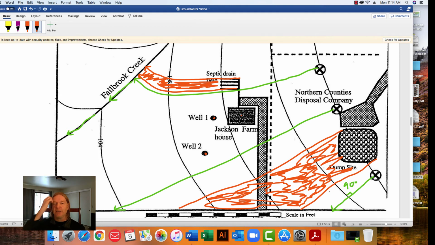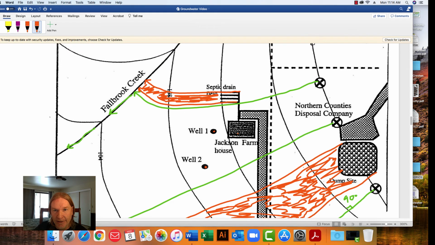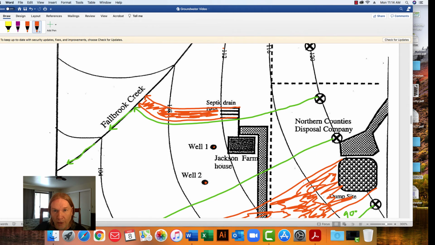Now, one of the questions that it's going to ask a little bit later is, what are the elevations of these two wells before and after pumping? Here's a contour line that says 108 feet, and this contour line is 112 right here. So 112, 108. What would the elevation of well 2 be?